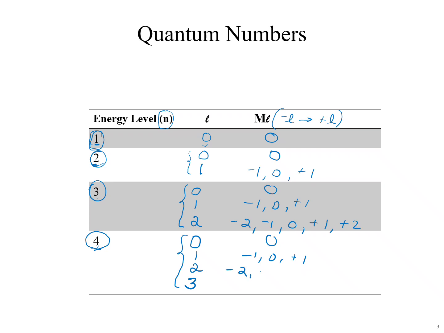Which means that in this L equals 2 on the fourth energy level, we have exactly the same thing. So we're just missing one more here on the table. When the numerical value of L is equal to 3 on my fourth energy level, my possible values of m sub L start at -3 and go all the way to +3.